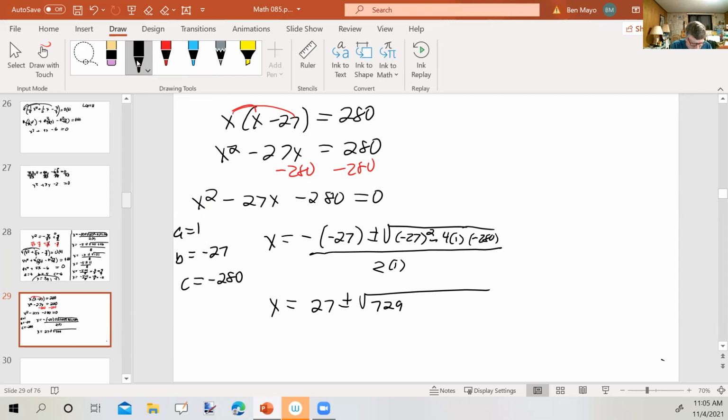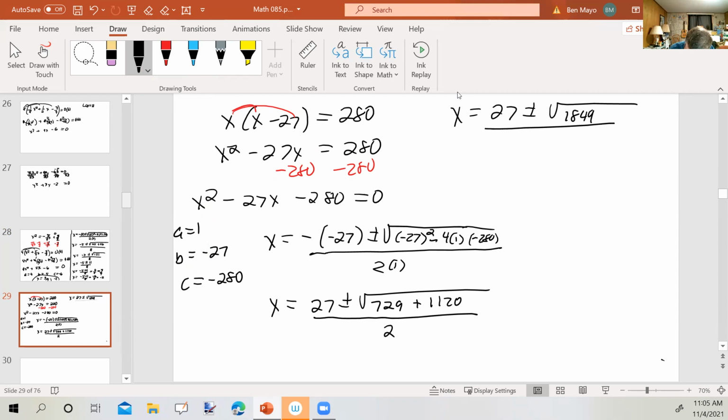Negative times negative is positive. 280 times 4 is 1120, and that's all over 2. So x equals 27 plus or minus the square root of, let's see, 1120 plus 729 is 1849. No, that's not the year I was born. It's the year I graduated from college, over 2.